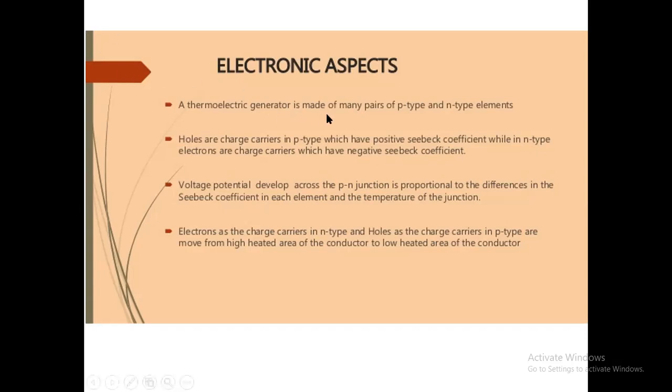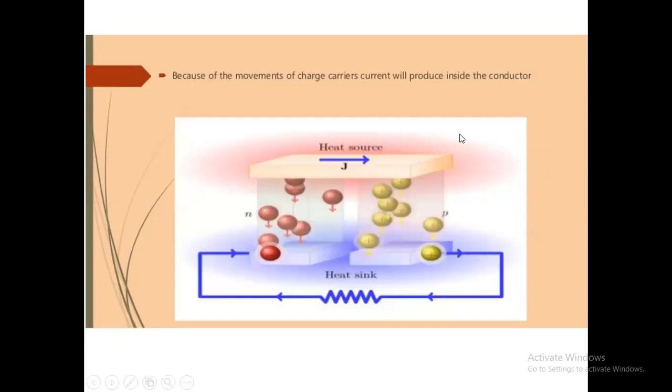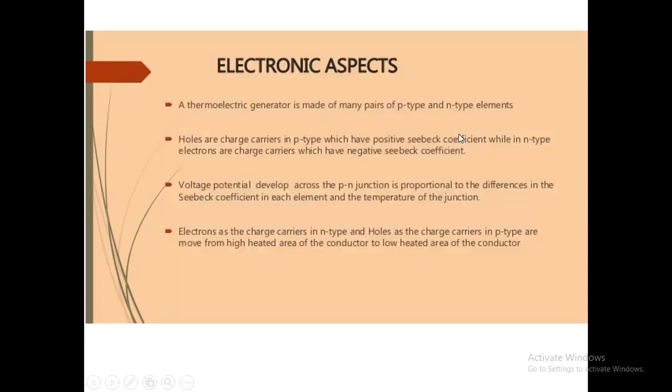A thermoelectric generator is made of many pairs of p-type and n-type elements, which are semiconductors. Holes are the charge carriers in p-type, which have a positive Seebeck coefficient, while in n-type electrons are the charge carriers, which have a negative Seebeck coefficient.